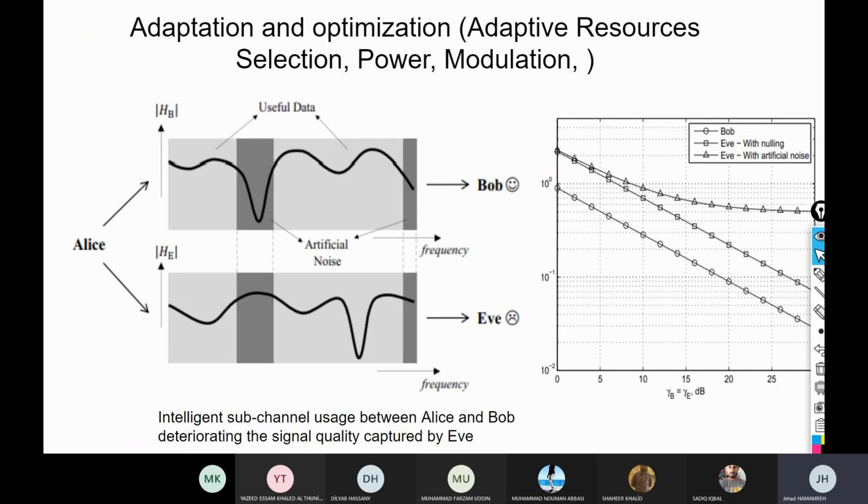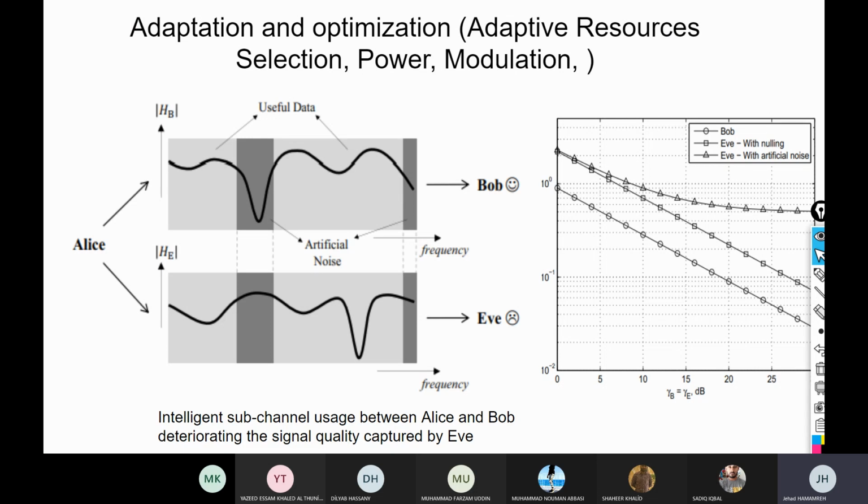Since they are optimized only for the legitimate receiver without any regard to the eavesdroppers, the transmission will work perfectly for those users whose channels are exploited to optimize it, whereas for Eve, things will not be optimized, and therefore there will be a performance difference between the legitimate receiver and the eavesdropper.